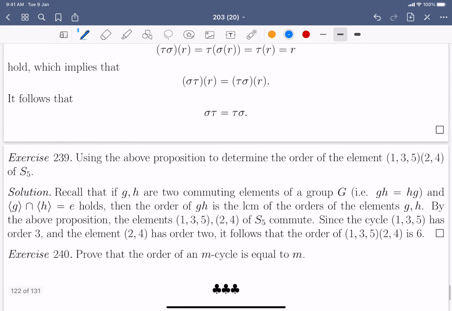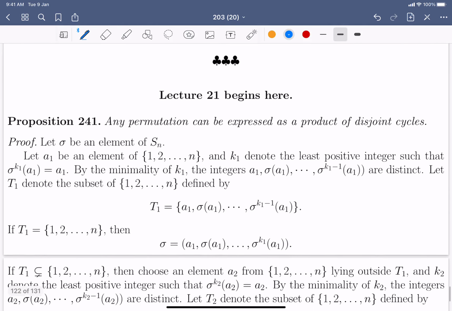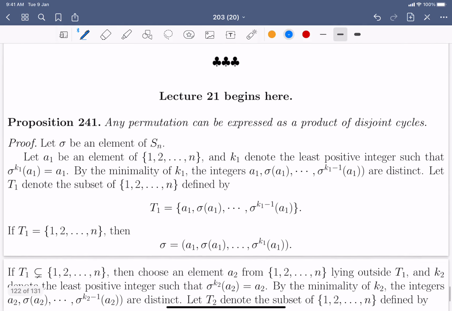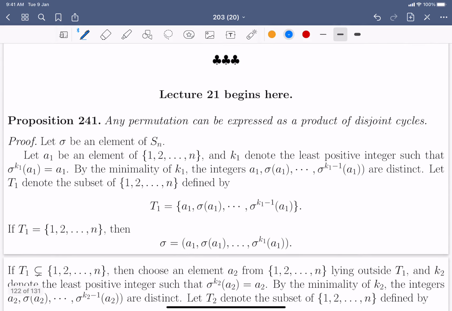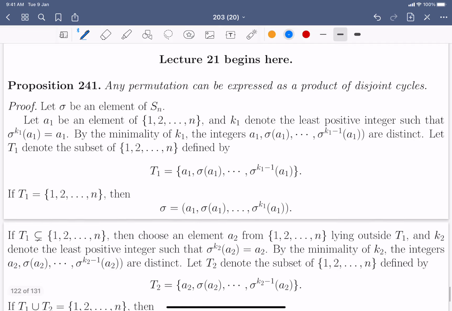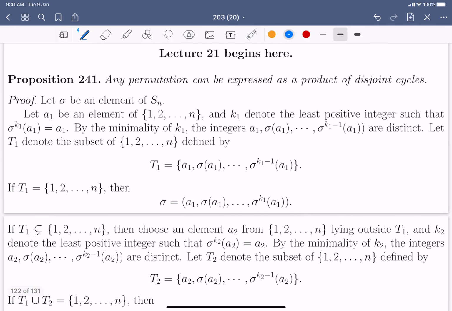So today we'll learn certain further properties of these permutations and cycles, and more specifically transpositions and so on.